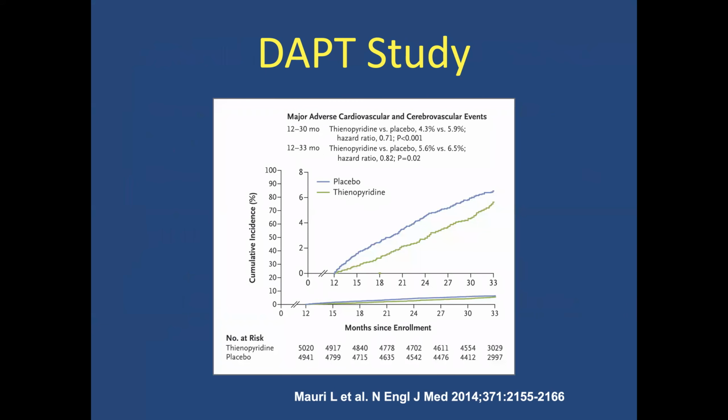One study that looked at extending dual antiplatelet therapy for more than 1 year was the DAPT study. This looked at patients who were treated post-PCI for 1 year with mostly clopidogrel and aspirin. They had no recurrent events and no bleeding events over the course of 12 months. They were then randomized to placebo, which was just aspirin, versus continued dual antiplatelet therapy, and followed for an additional 18 months to get out to 30 months.